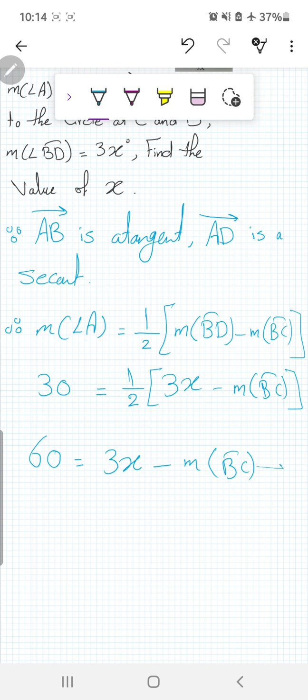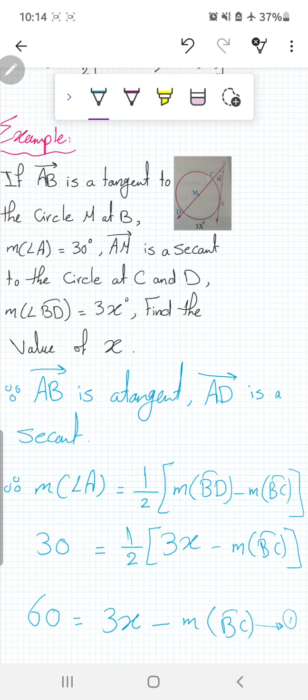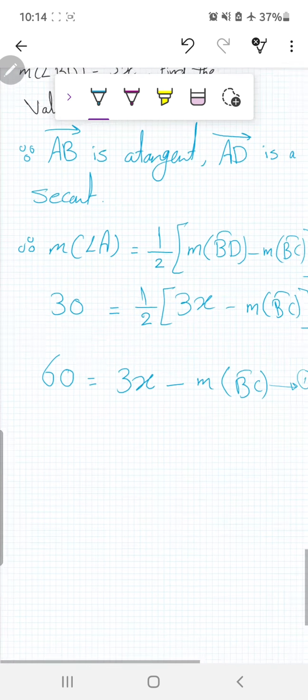Let this be equation number 1. In the figure, DC is a diameter, so the measure of arc BDC is half of 360. So the measure of arc BD plus arc BC is 180.